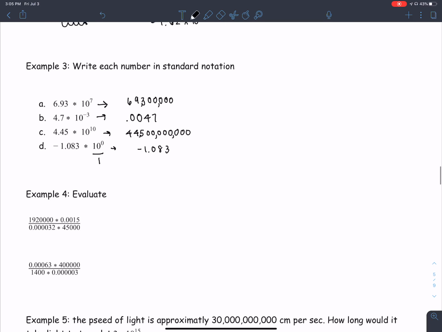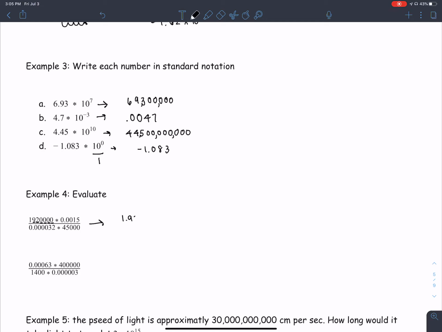All right, so we can use standard or scientific notation in order to evaluate, and it helps us. We can use exponent rules. First let's change these all to scientific notation. So this first one would be 1, 2, 3, 4, 5, 6.